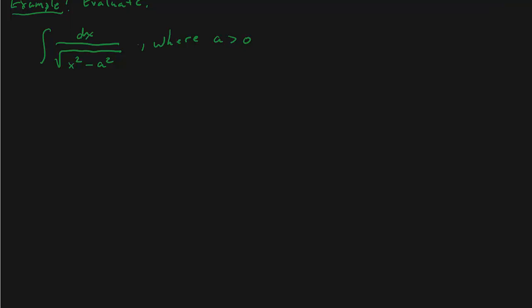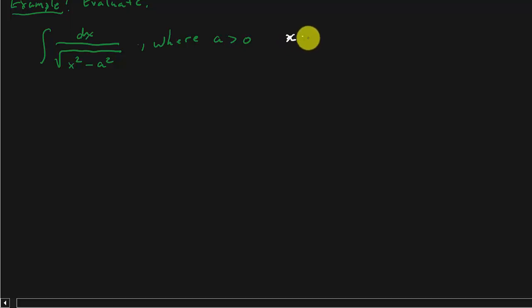We've got dx over the square root of x squared minus a squared. All right, so if you look at that table at the very beginning, what's x going to be? x is going to be a secant theta.